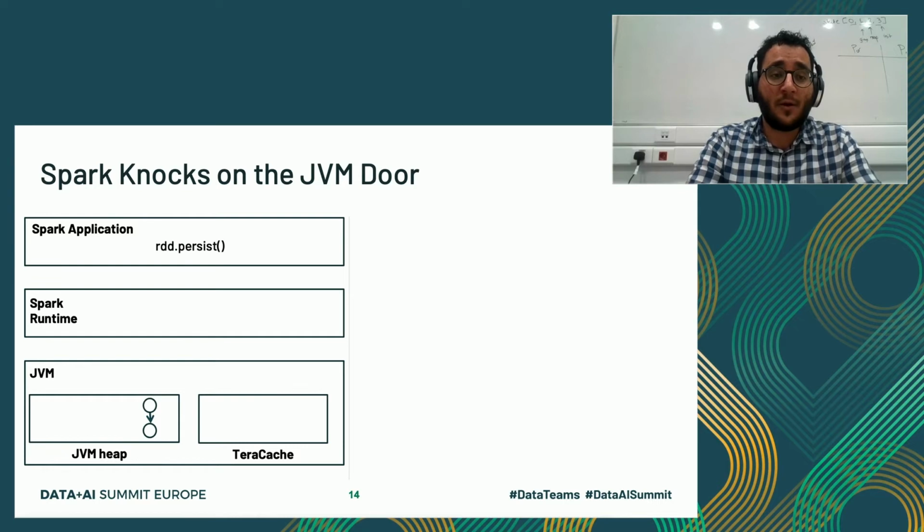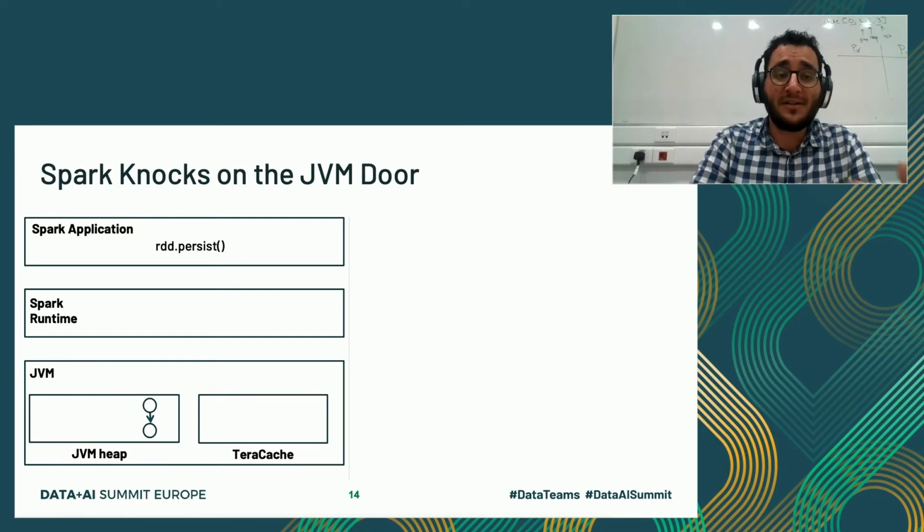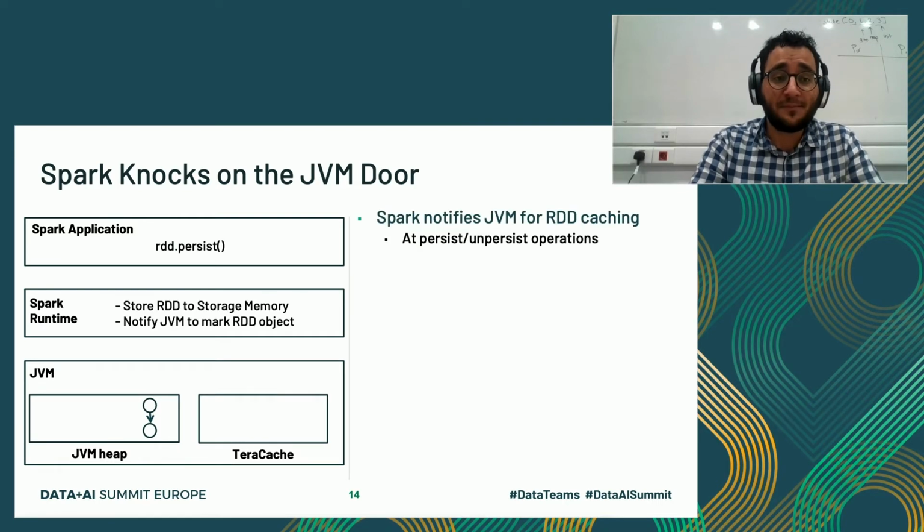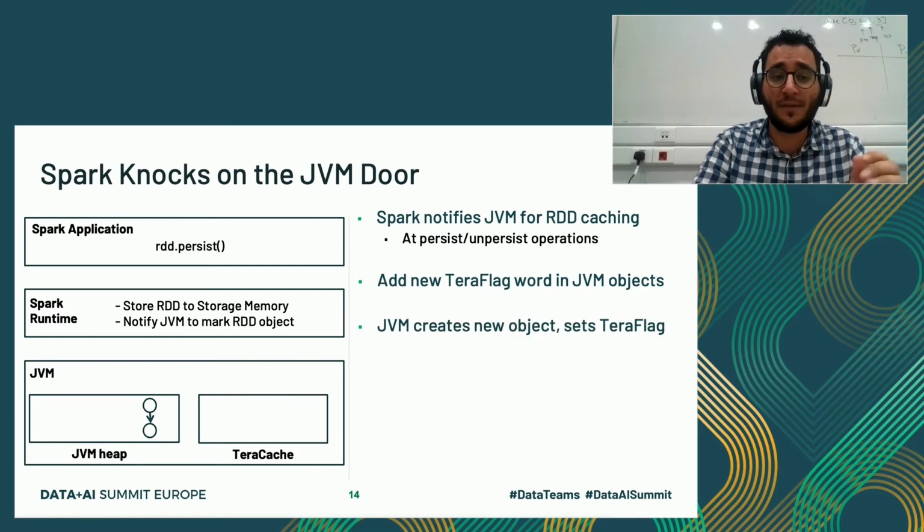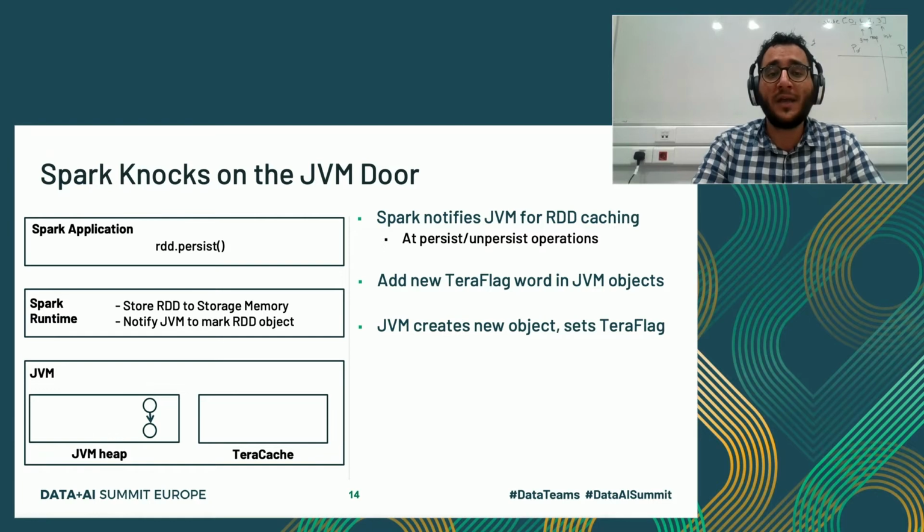When the Spark application performs a persist operation, the Spark runtime stores these RDDs to storage memory. At this time, we notify the JVM to mark these RDD objects. In order to achieve this marking of the objects, we add a new extra word in the JVM object headers, as metadata, and we enable this word when the new object is created.